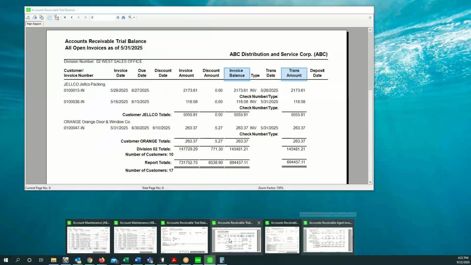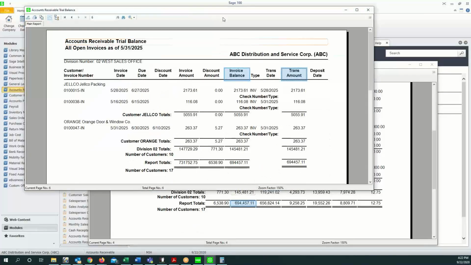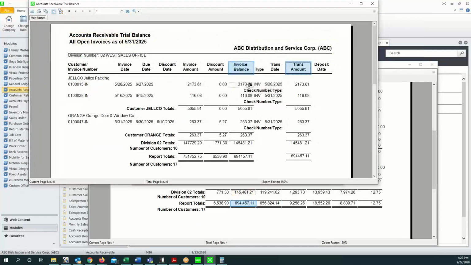So if I get my trial balance report, you can see that its ending balance as of 5/31 matches the aging report. So my comfort level is that the details are correct and things fell within the proper period.